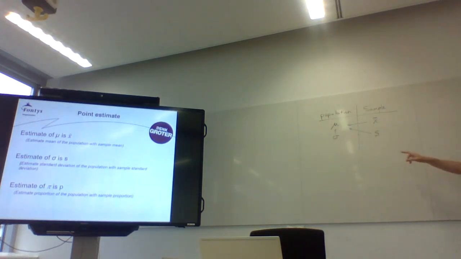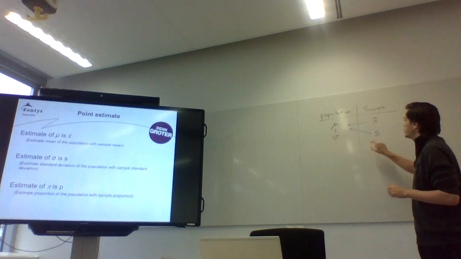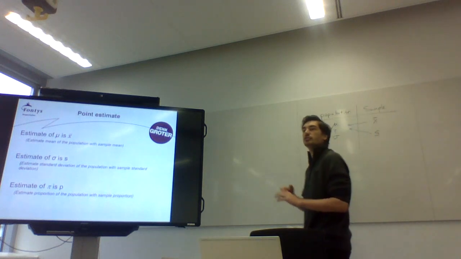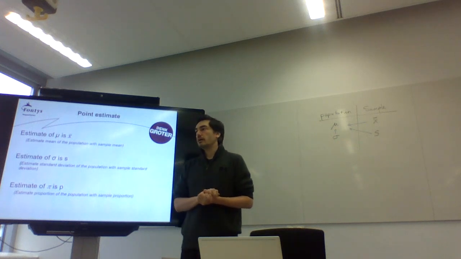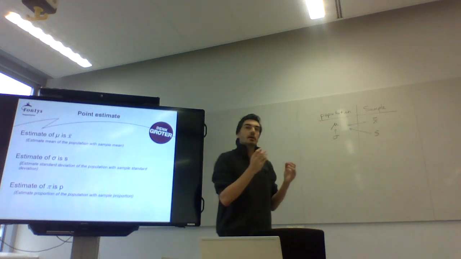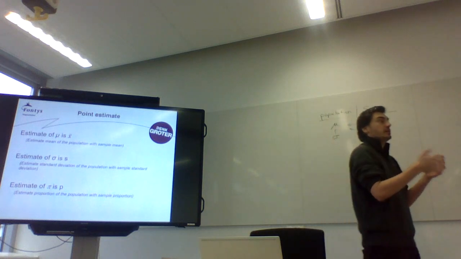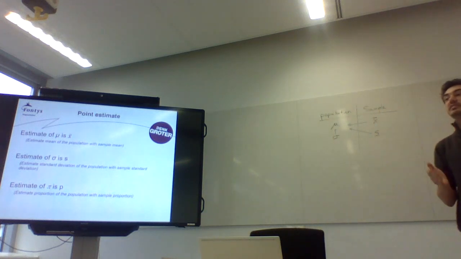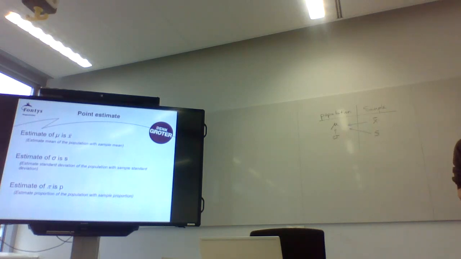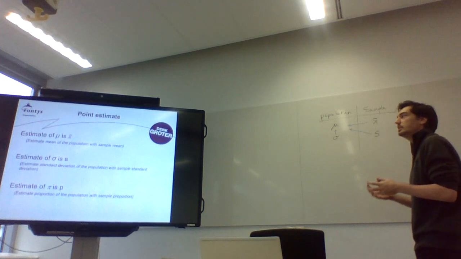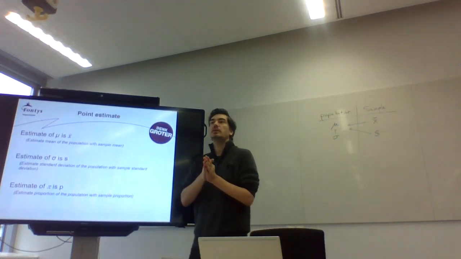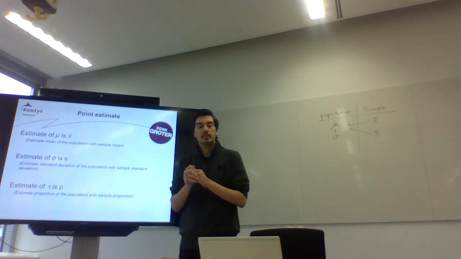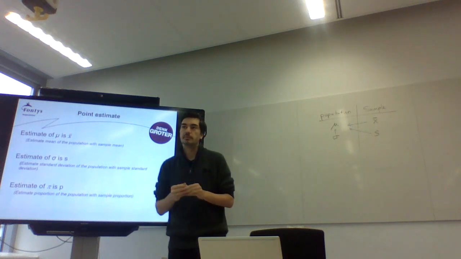Now, a small problem arises from the fact that if we use the sample standard deviation to estimate something about our population, we're going to make an error, because the standard deviation in our sample will definitely be different from the standard deviation in our population itself. Because of that, we will need to use a different test or a different distribution of numbers.